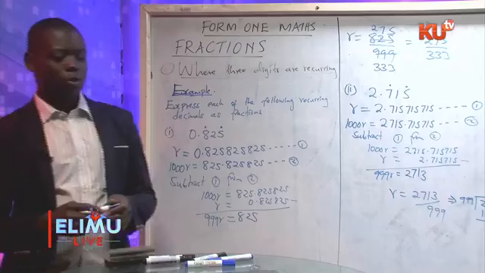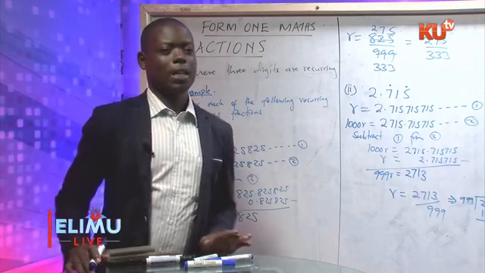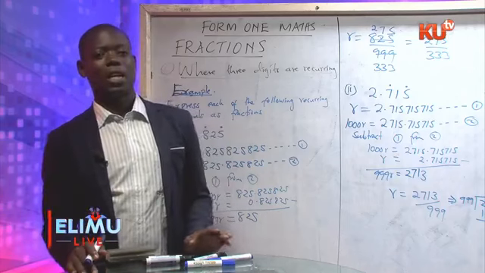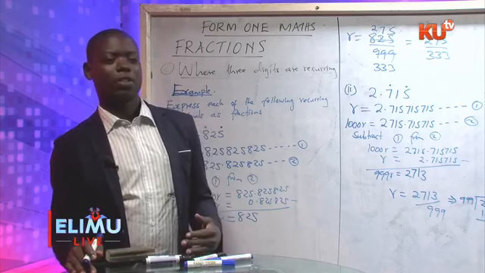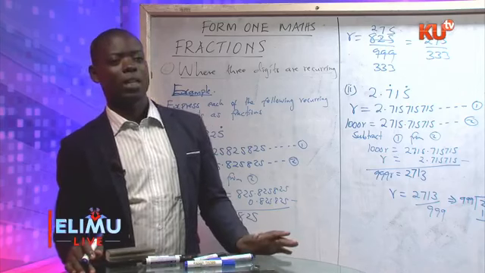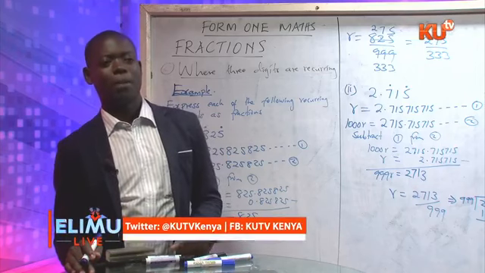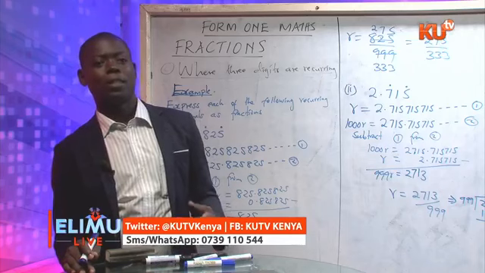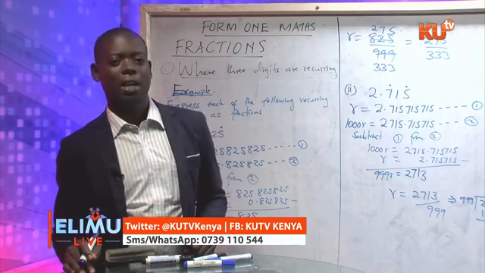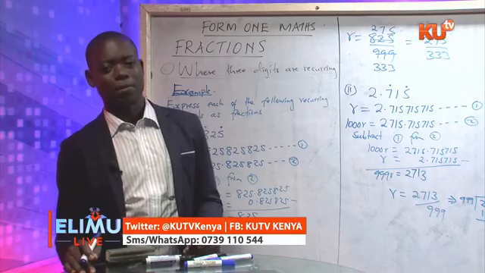So students, that is what we need to know in recurring decimals. Understand that a recurring decimal is a non-terminating decimal. When you divide certain fractions, changing them to decimals, they give a number that does not come to an end, where either a digit or a set of digits keeps on recurring or repeating in the number. That's what we call a recurring decimal.